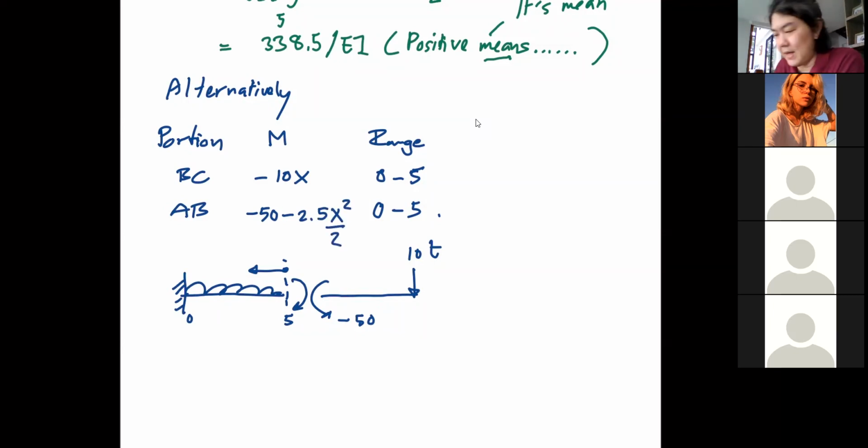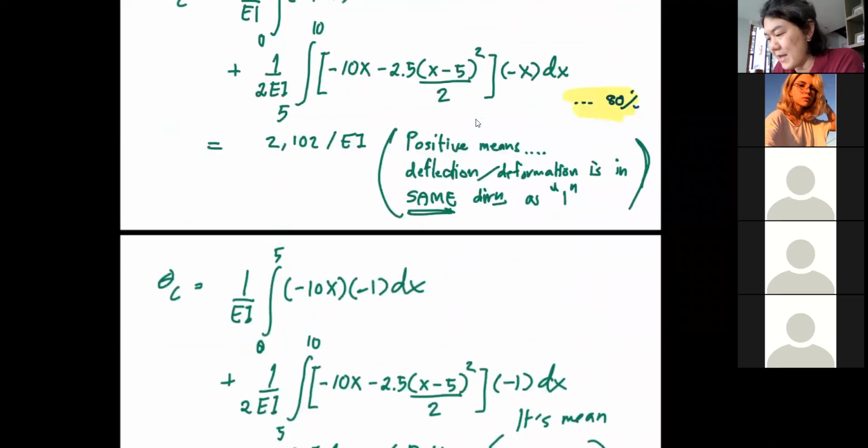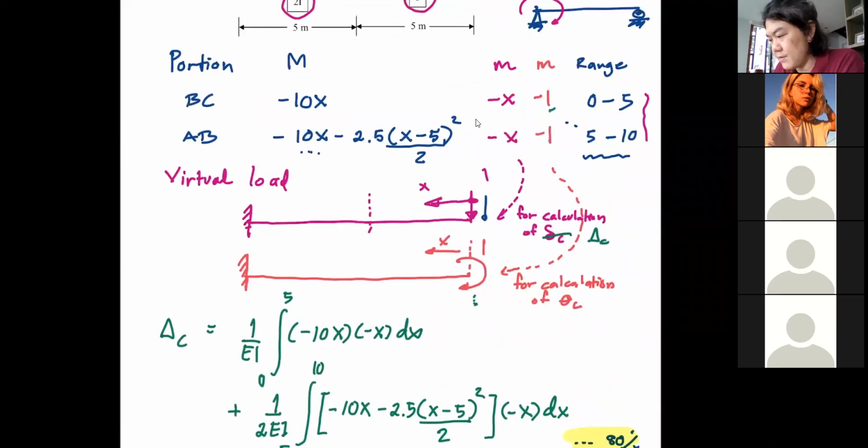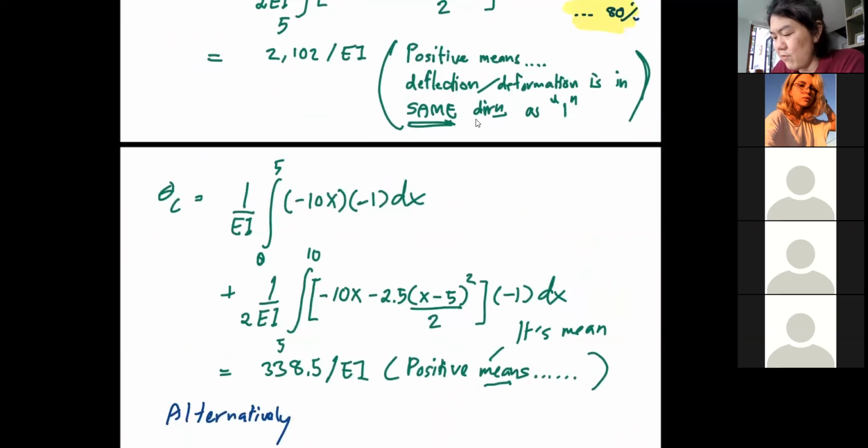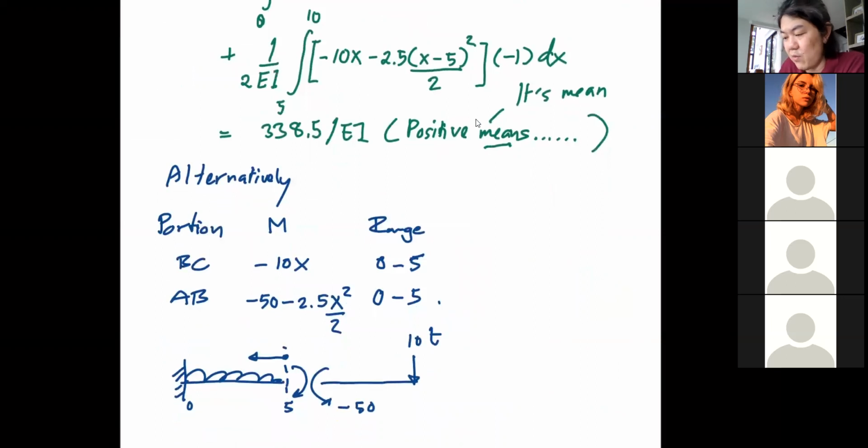Remember, it's pretty similar if I go back here and substitute 5 into my moment equation. If I substitute 5 here, this term becomes 0 and I have minus 50, which is the beginning value for your moment equation here. Because when I substitute 0 here into my moment equation, I get minus 50.